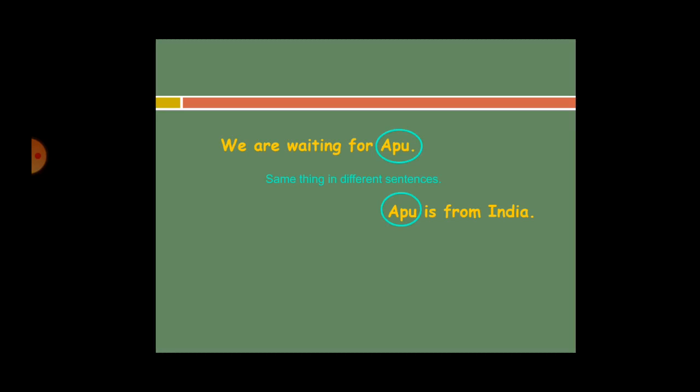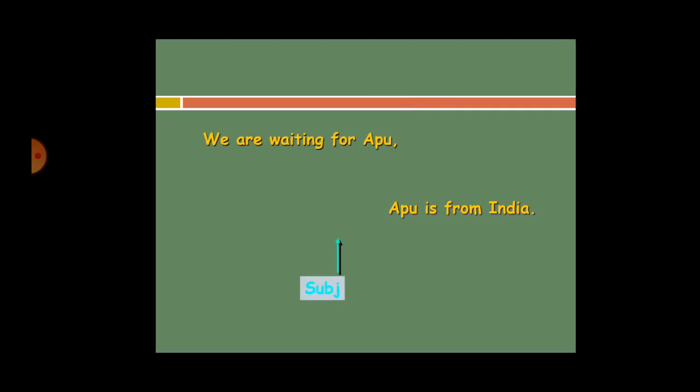But why? Because in "We are waiting for Apu," Apu is the direct object. "Apu is from India" has Apu as the subject.